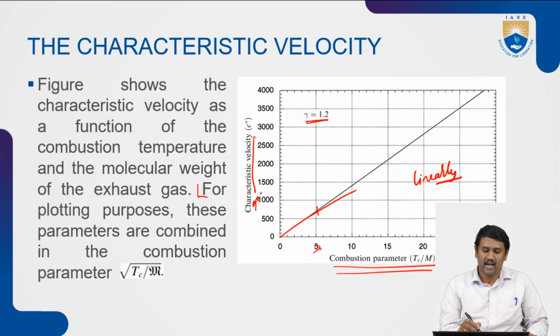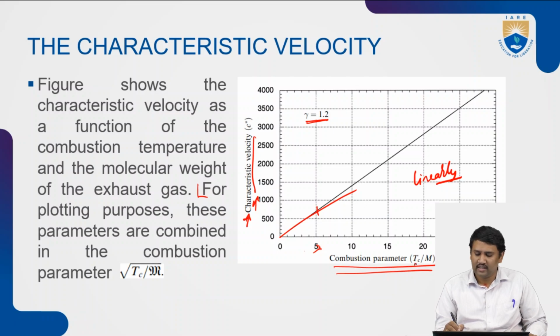In order to get a higher characteristic velocity, the temperature should be higher but the molecular weight should be lower. This particular combustion property will enable us to get higher velocity for the rocket.